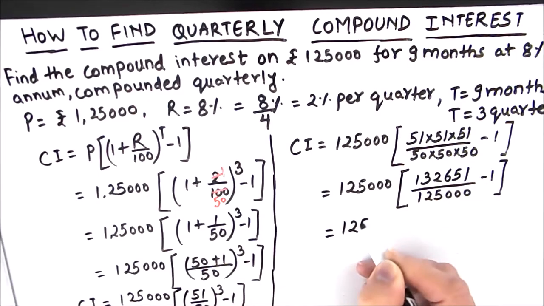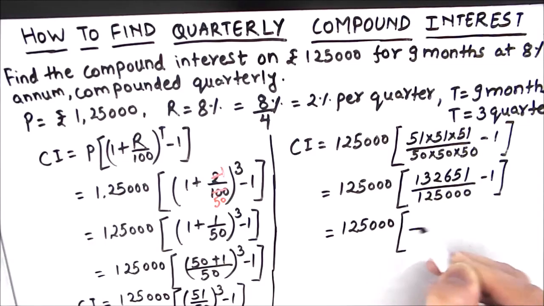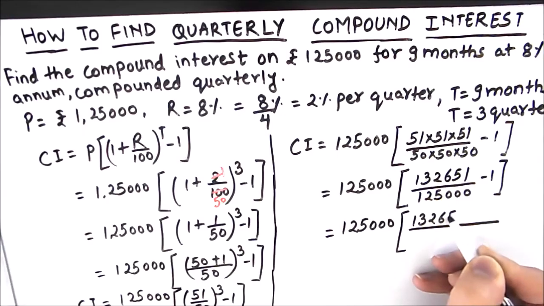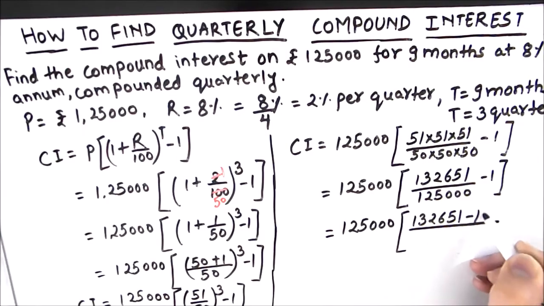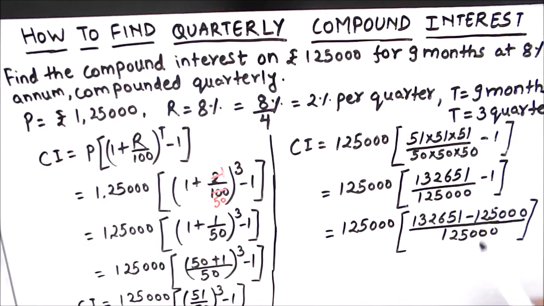So this is going to be 1,25,000 times (1,32,651 minus 1,25,000 divided by 1,25,000). Here we have done fraction subtraction. Our LCM is 1,25,000.